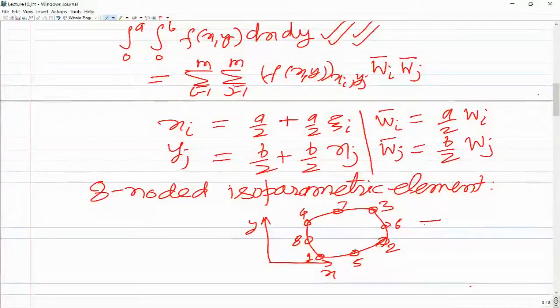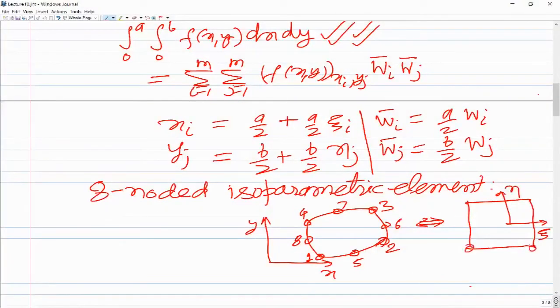This is mapped to a square in the natural coordinate space. So that means, let us say we have xi and eta, the corner nodes 1 2 3 and 4, and then the mid side nodes 5 6 7 and 8.